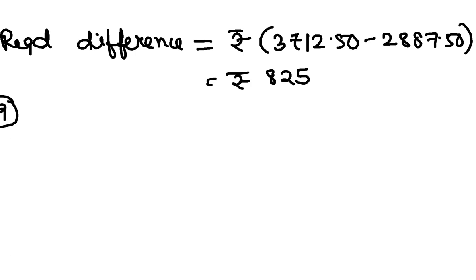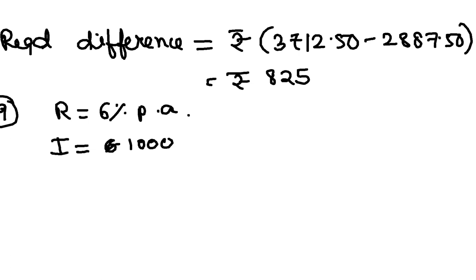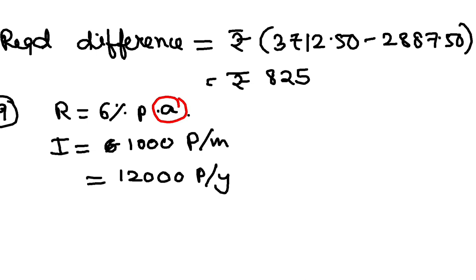Okay, so they are saying your rate is 6% per annum and your interest is 1000 per month. But we are going to calculate in per annum because the rate is given in per annum. So 1000 times 12 will be 12,000 per year, isn't it? Now you have to find the principal.